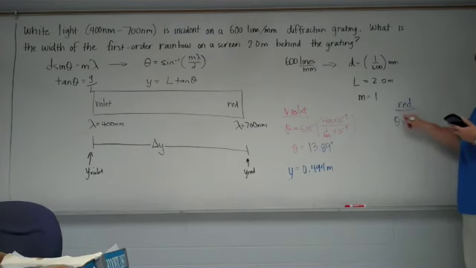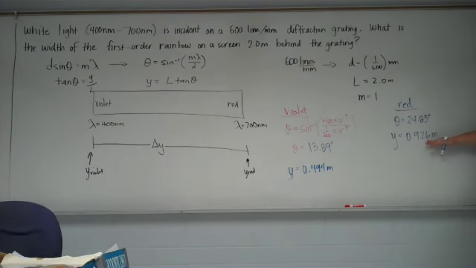So y for the red, tangent of that, times 2. So the red is located 0.926 meters from the center of the bright spot. Violet's located 0.494 from the center of the bright spot.